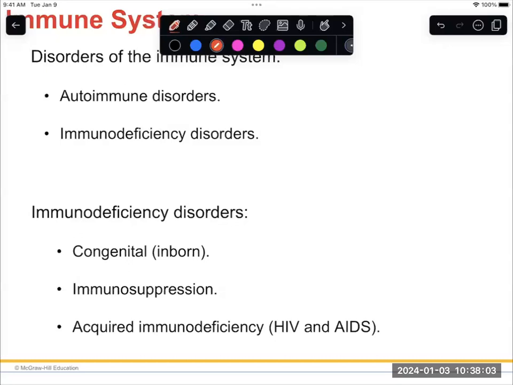AIDS is acquired immunodeficiency syndrome. HIV is human immunodeficiency virus. This is where that immune system gets severely depressed because these viruses are invading your specific white blood cells and killing them off.